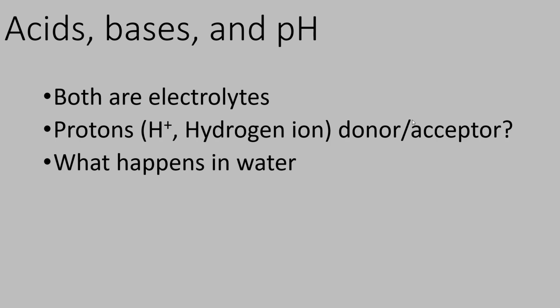So what are electrolytes? Electrolytes are things that when you put them in water, they develop a charge. So the things that we've talked about before, like sodium, if we put Na in water, it's going to become Na+. It develops a charge. So it's an electrolyte.